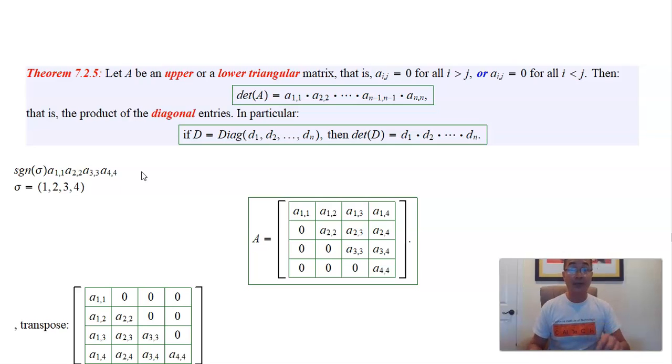Do you see any inversions? No, of course not. Because that's not just any permutation. That is the special iota, the identity permutation. So, of course, the sign is positive 1, and that gives us the determinant formula that we wanted to prove.